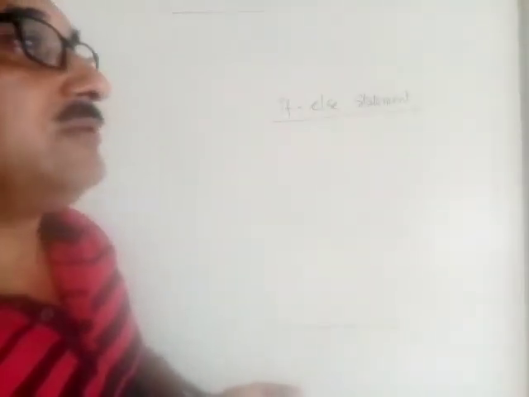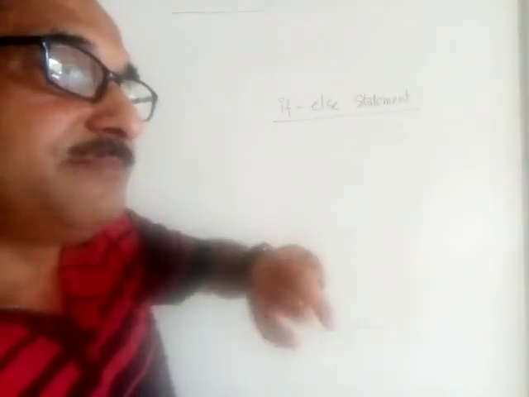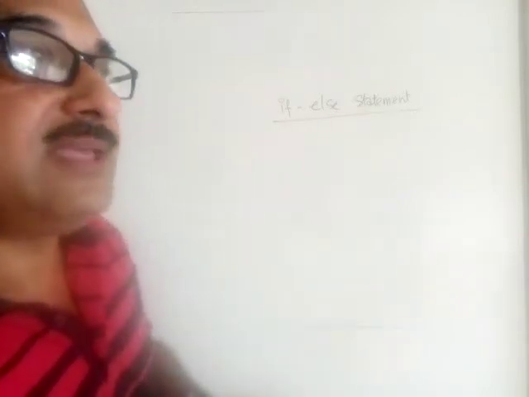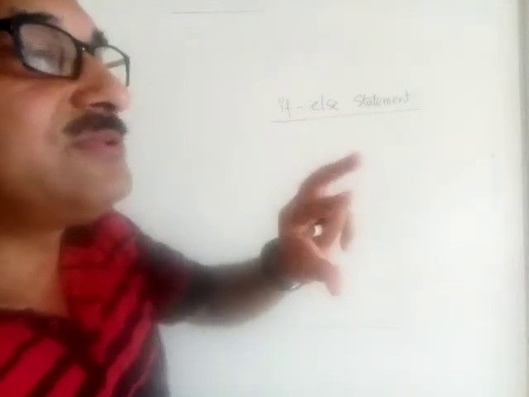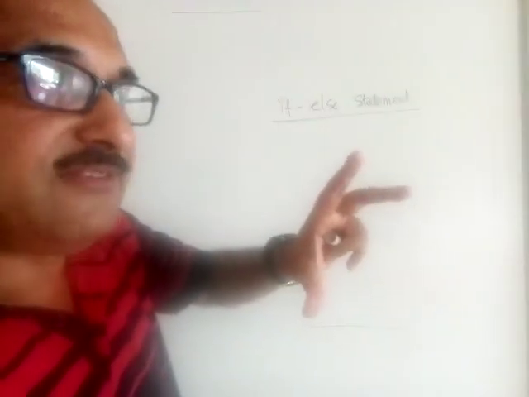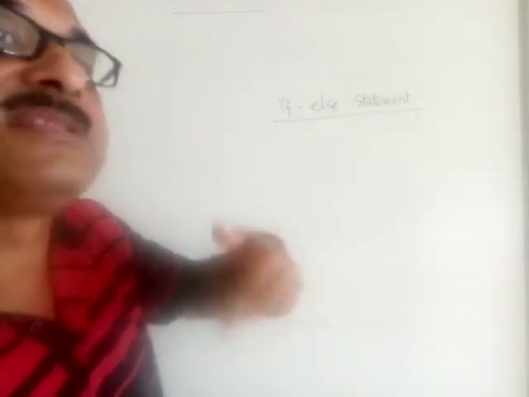So whenever you need to compare two quantities, if something is bigger than something, if something is equal to something, or something is less than something, here something means maybe two variables are being compared. The values of two variables are being compared. Maybe a variable is compared against a value.